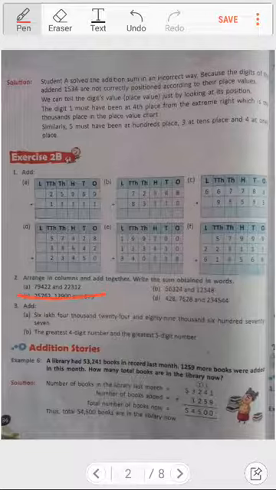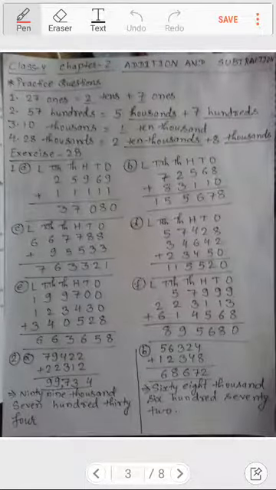79,422 and 22,312. So you can see I added it in the solution page, 79,422 and then 22,312. So 2 and 2 is 4, then 2 and 1 is 3, it is 437.